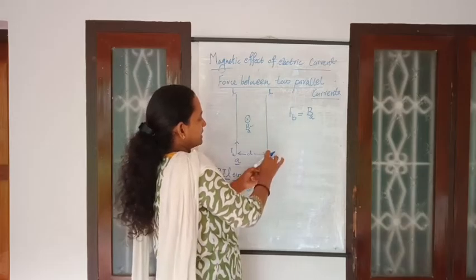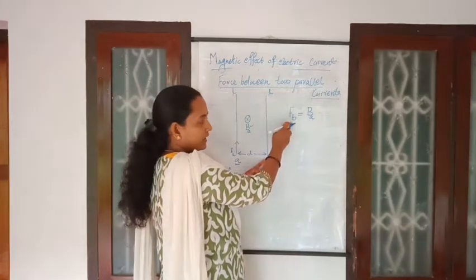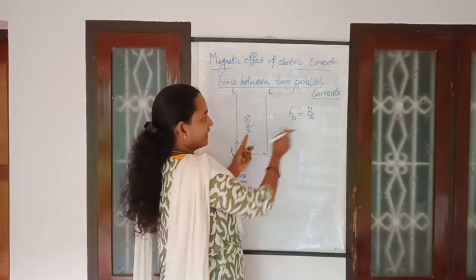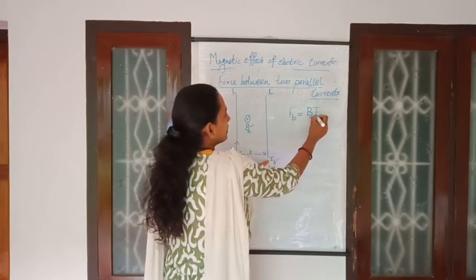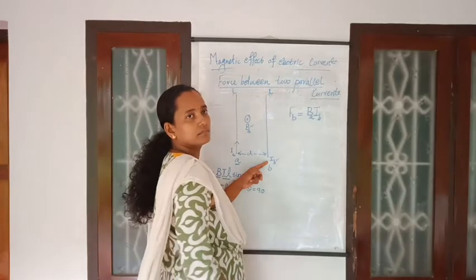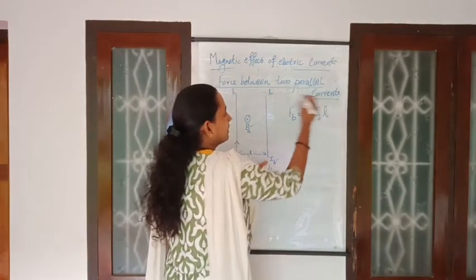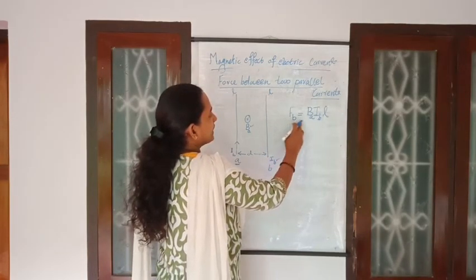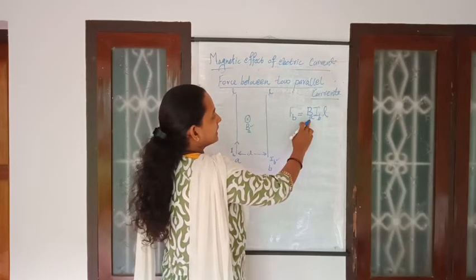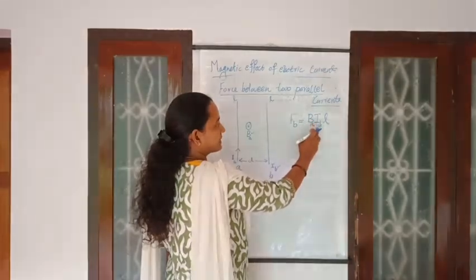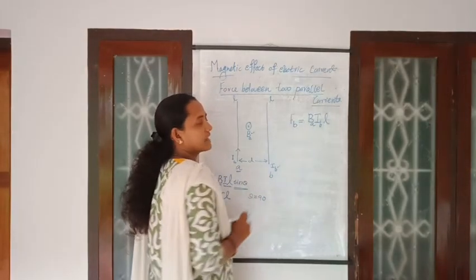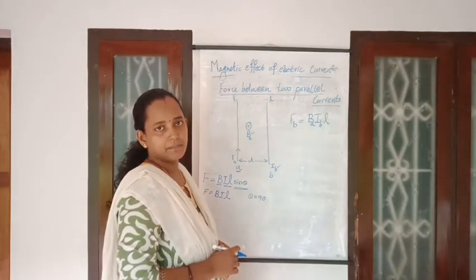This conductor experiences a force because of this magnetic field B of A and the current passing through its own length L. Therefore, F of B equals B of A, the magnetic field produced by the first conductor passing through the second conductor, times I of B and its length L, with theta equal to 90.